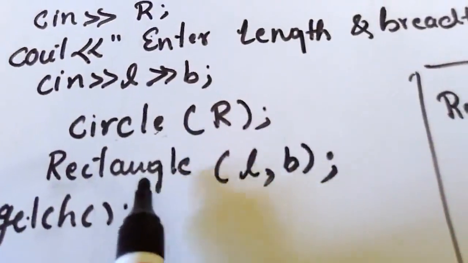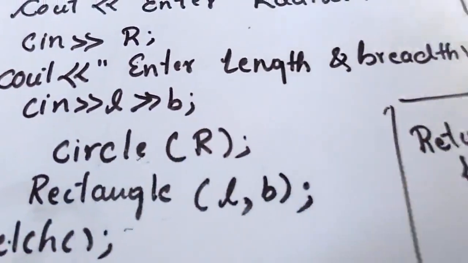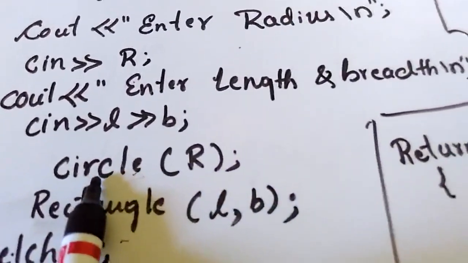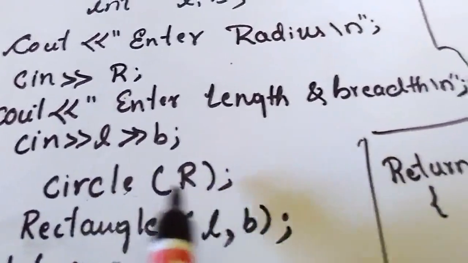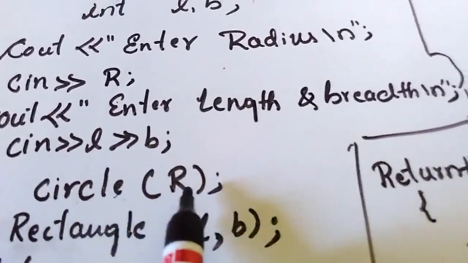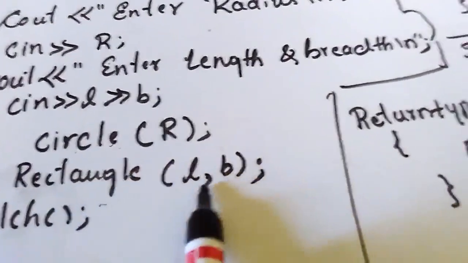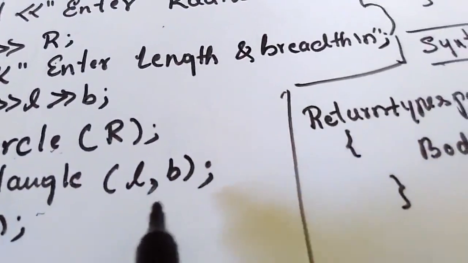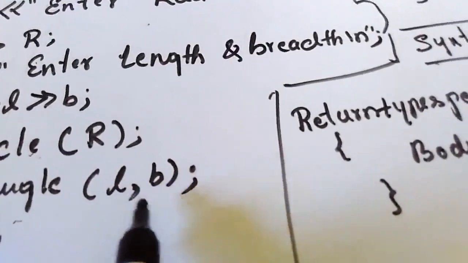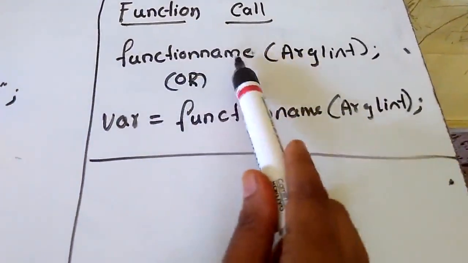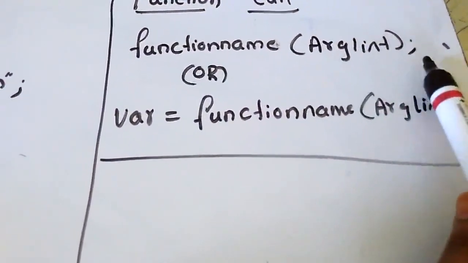This is circle and rectangle, the name of the function. How to call a function? By writing its name and passing arguments. Circle R. So let us generalize this. Circle is a function name. R is an argument. In this example, rectangle is a function name. L comma B are the, what are those? Arguments. So argument list. See here. Function name, argument list, semicolon.